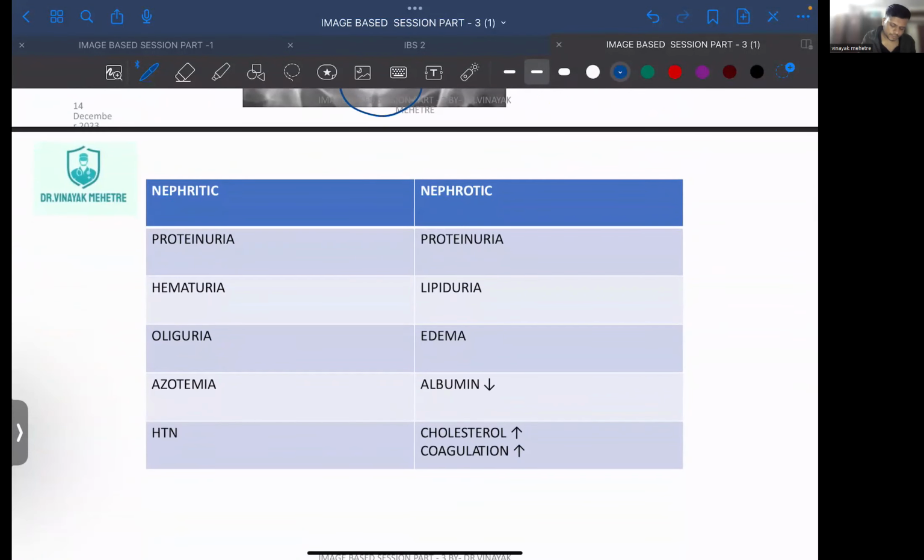And there will be one sure shot question from nephritic and nephrotic syndrome. Okay, either they will ask you the classification or they are going to ask the disease. Okay, we are going to discuss this in detail. Now tell me, nephritic syndrome, itic, okay, and nephrotic, confusion यही हो जाता है. What is itic and otic?